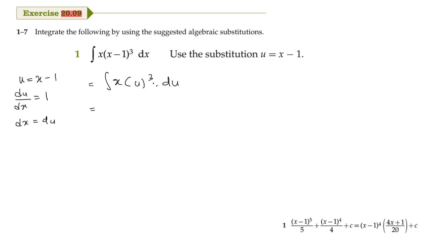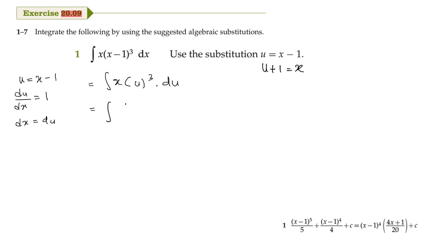But we cannot even solve it, because one of our variables over here is in terms of x. You cannot integrate the whole thing since there is an x variable over here. Remember, we wanted to integrate with respect to u. So what we need to do is something with your substitution. You can put x as the subject, which is u plus 1 equals x.